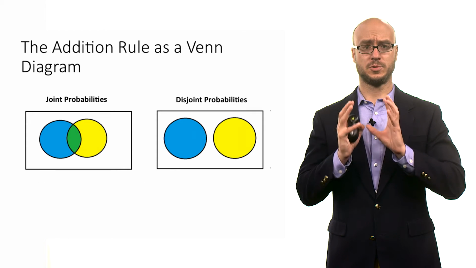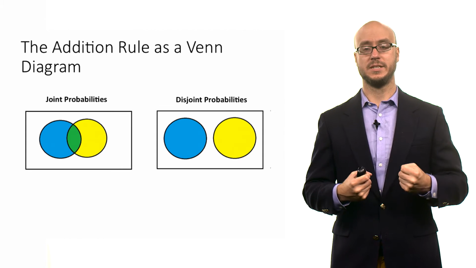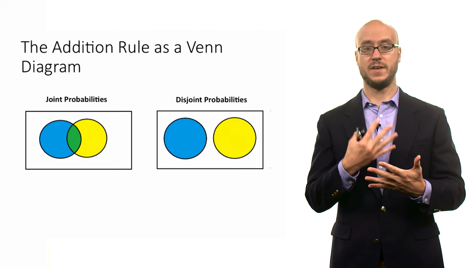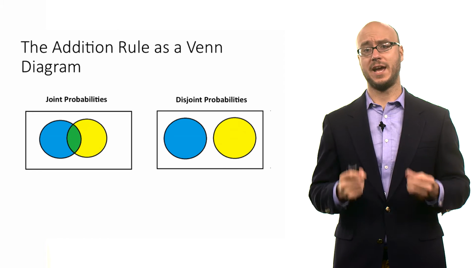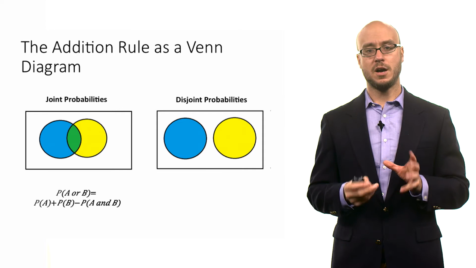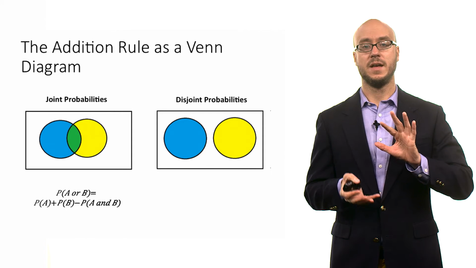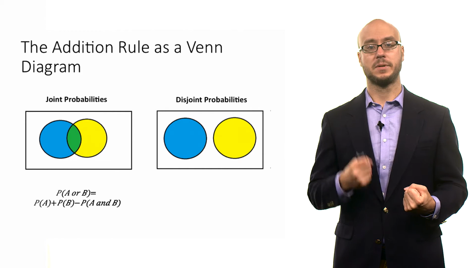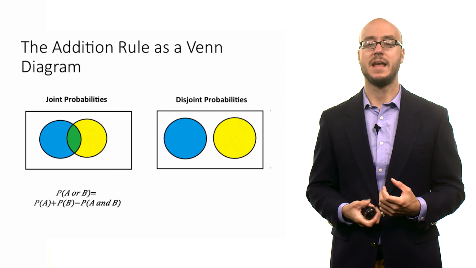So let's look at this addition rule in terms of the Venn diagram. As I've mentioned earlier, joint probabilities expressed as a Venn diagram overlap. There's some sort of intersection, there's some overlap. For disjoint probabilities, the probability of A and B is 0. So there is no overlap. When we talk about the addition rule, the probability of at least one of these events occurring, A or B, is expressed as the probability of A plus the probability of B minus the probability of A and B, minus that intersection.